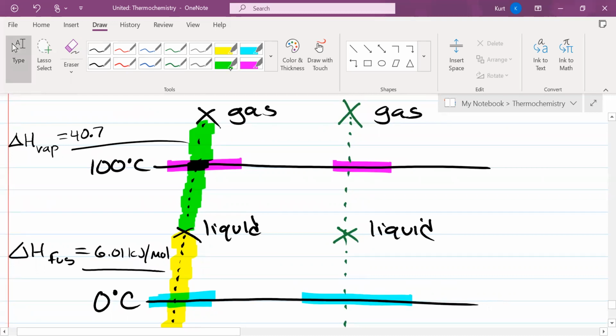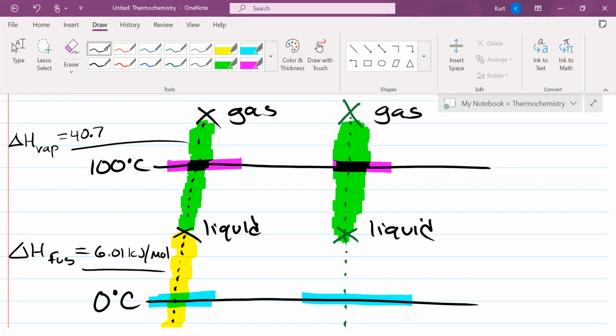So knowing that, Derek, if it took 40.7 kilojoules per mole to turn liquid water into water vapor, what's it going to be for the enthalpy of condensation? Negative 40.7 kilojoules per mole would be correct.